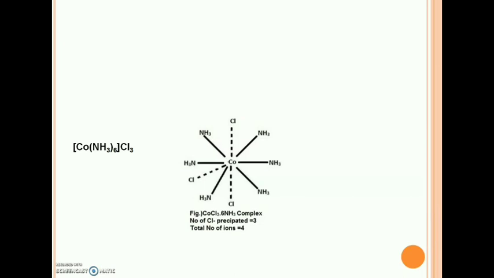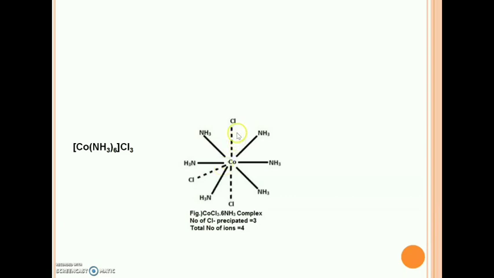For cobalt, the coordination number is 6, and we know that for a metal the secondary valency corresponds to the coordination number. Therefore, in cobalt, the secondary valency is 6.